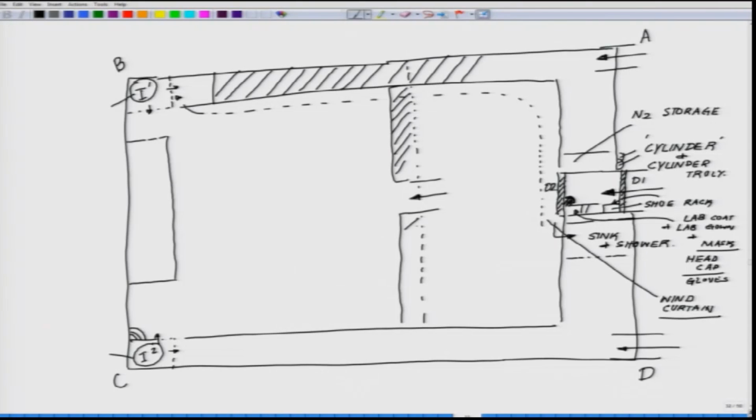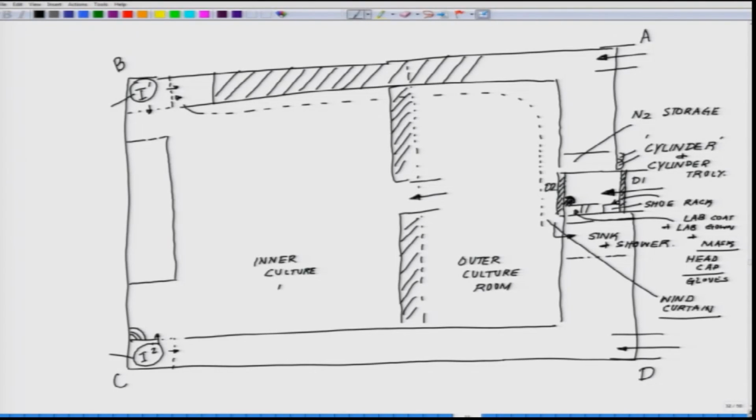Suppose you are splitting the whole facility into two parts. Okay. Say for example, this is the outer culture room and say inner culture room. I will tell you why such demarcation may be very essential.